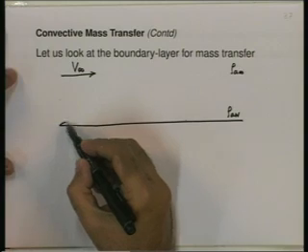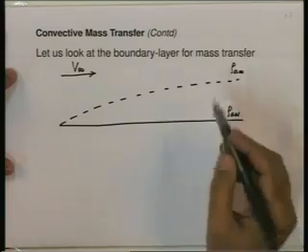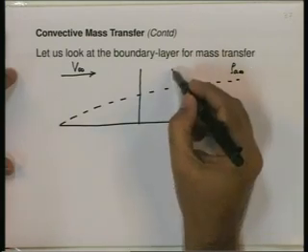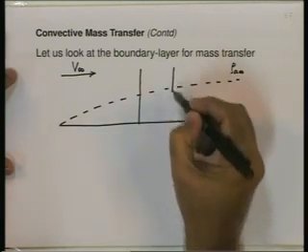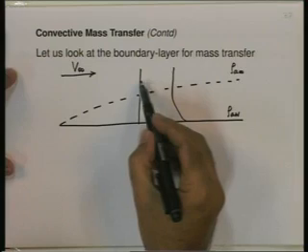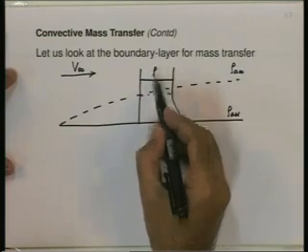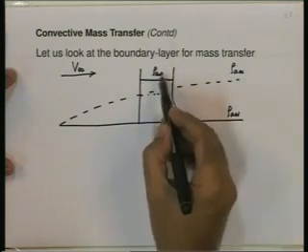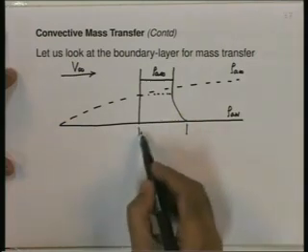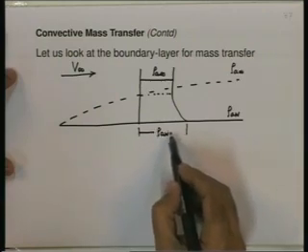So, similar to the velocity boundary layer, now we will have a mass transfer boundary layer or diffusion boundary layer. And if you plot the concentration profile, it will go like this, where away from the wall in the free stream, the mass density of component A will be rho A infinity, whereas just near the wall the mass density will be rho A W.